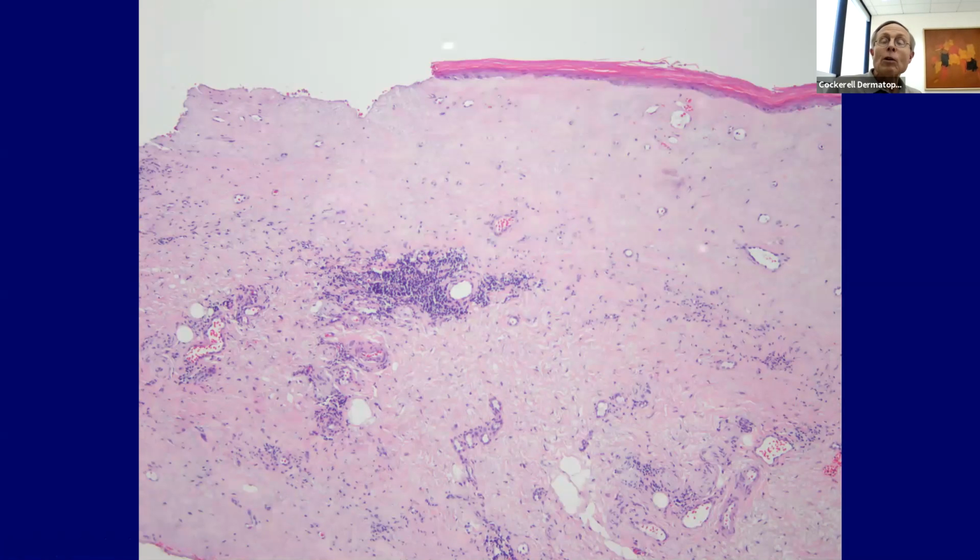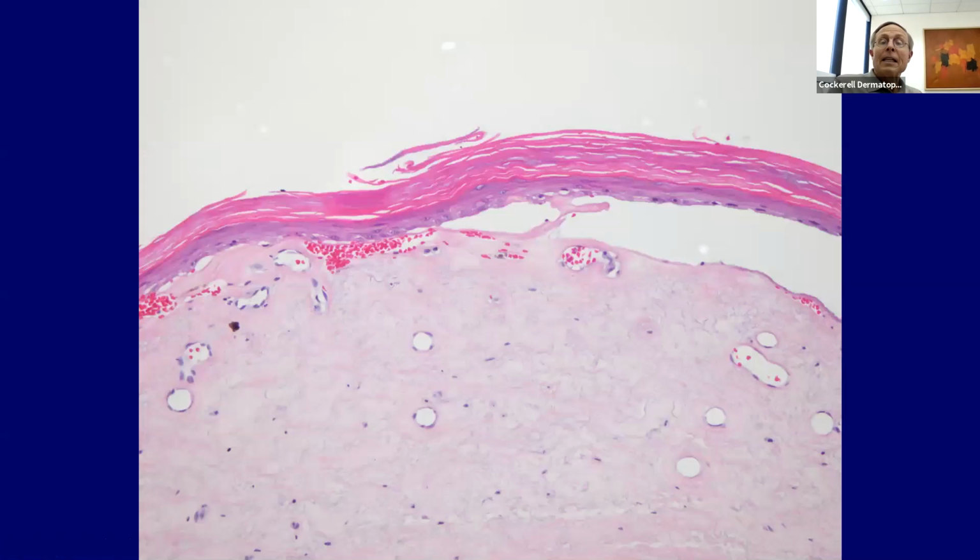So you've got a decrease in the number of fibroblasts, an increase in the amount of collagen with homogenization, and this is occurring in the papillary dermis. So yes, this is lichen sclerosus et atrophicus. We've got a thick cornified layer because the patients rub these lesions, they're pruritic. You've got a true blister between the epidermis and the sclerotic collagen, which is fairly common.